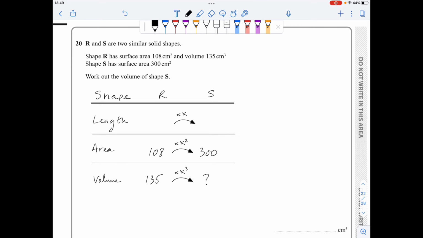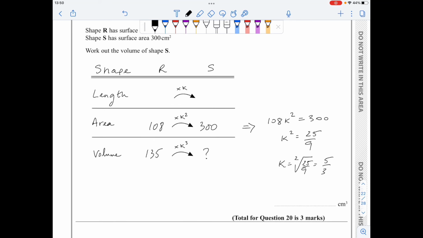Now I can use the areas to find the value of k. 108 k squared is equal to 300, so k squared is 300 over 108, which is 25 over 9. K is the square root of 25 over 9, which is 5 over 3.